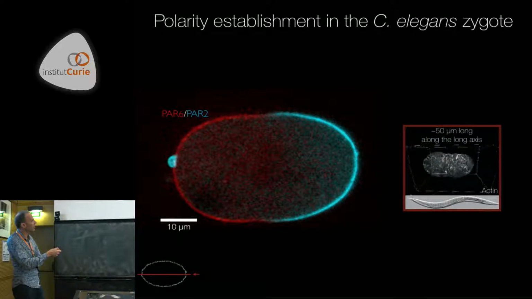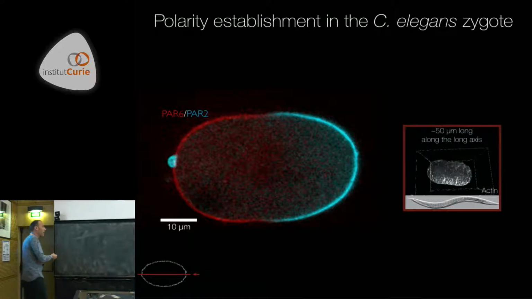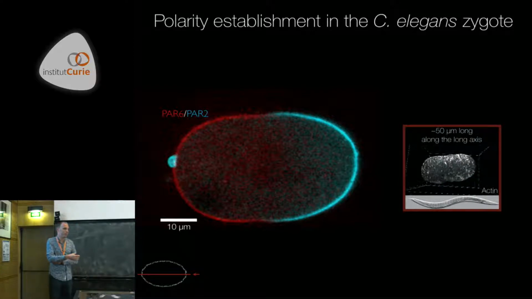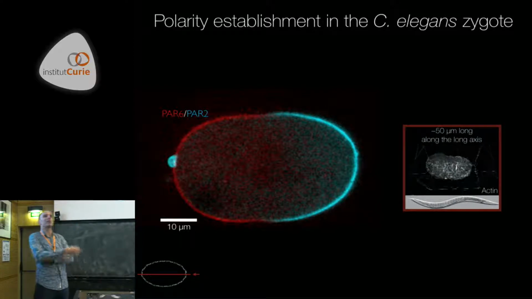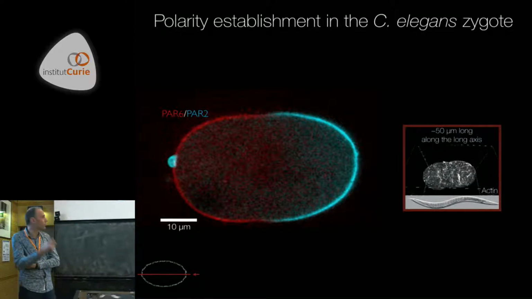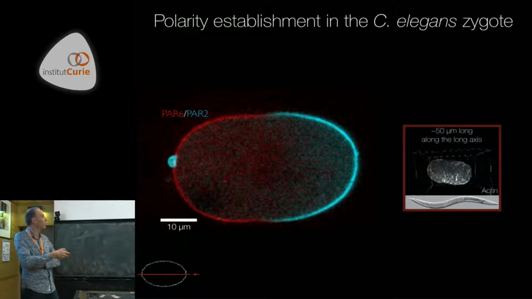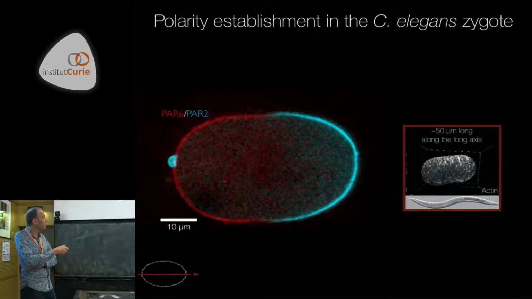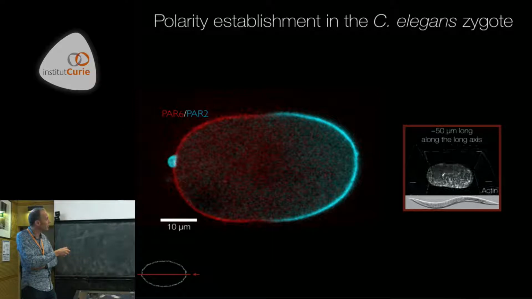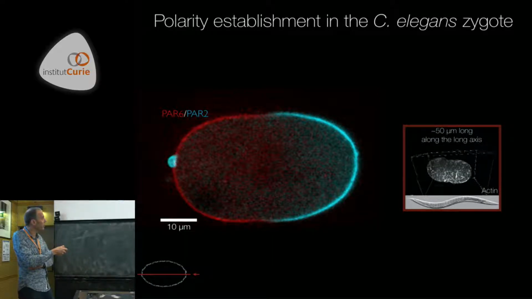Here you see a C. elegans worm. The worm is about 0.5 millimeter long. It's a prominent model organism, and of course, if you go to your flower pots at home, you're quite likely to have some C. elegans in the soil. The embryo, of course, is fertilized inside the mother. It's too small here, but there's a couple of embryos lined up along the gonad in this mother worm.